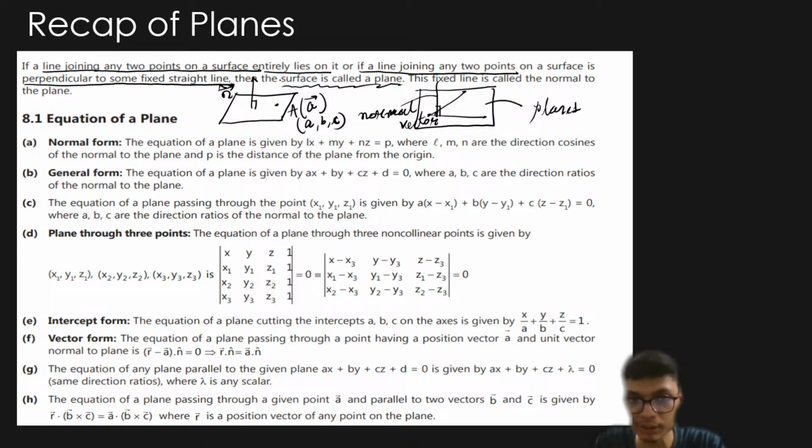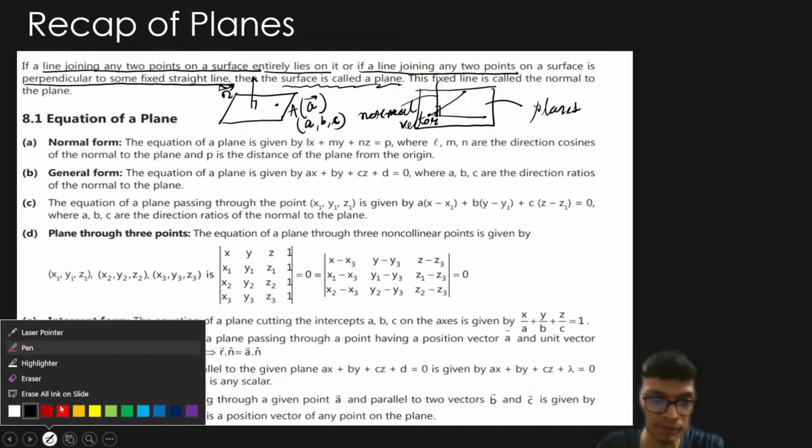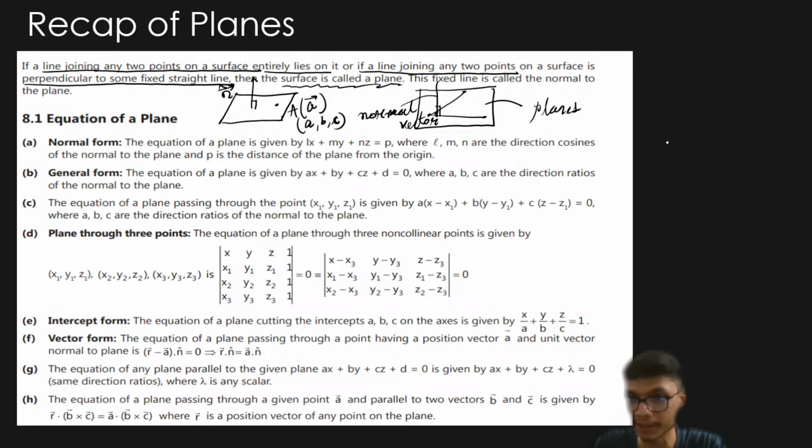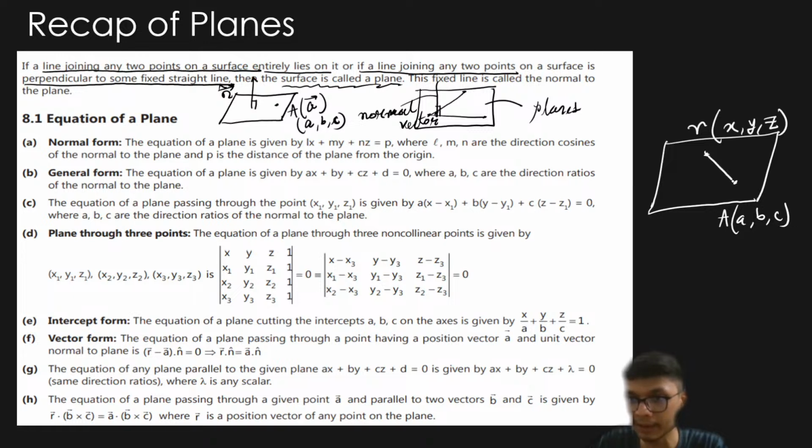In order to define an equation of a plane, what do we do? We consider any general point lying on the plane, right? So let us say I have a known point A with coordinates a comma b comma c, and any general point R with coordinates x comma y comma z, right? I can connect these points and write the AR vector.